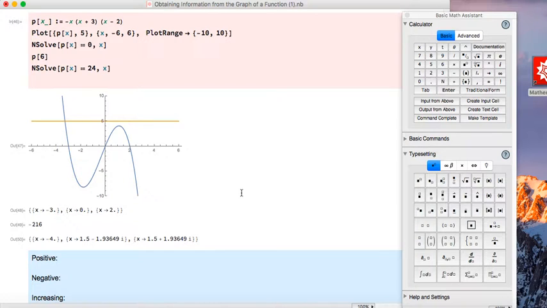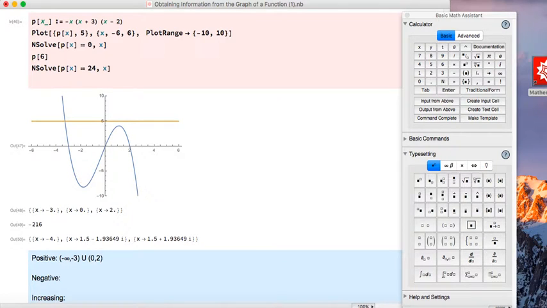So now we're going to state where the graph is positive and where it's negative. We're going to use the intersect here. When the graph is positive, it's above the x-axis. So it's from negative infinity to -3, this part of the graph is above the x-axis, and another part is from 0 to 2.